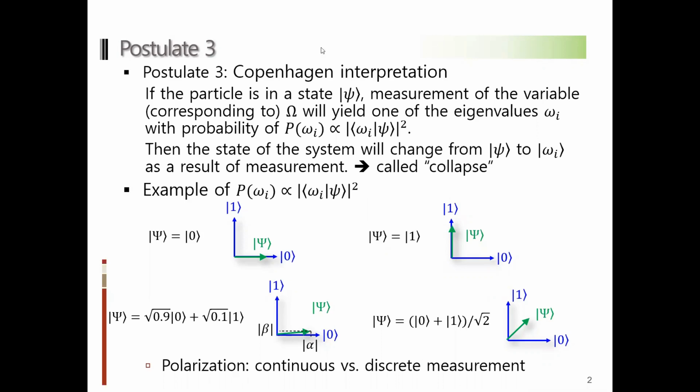However, the third postulate is the most embarrassing part. You know that Einstein never accepted this third postulate, and until he died, he did not accept it. I will talk about it a little bit more later.